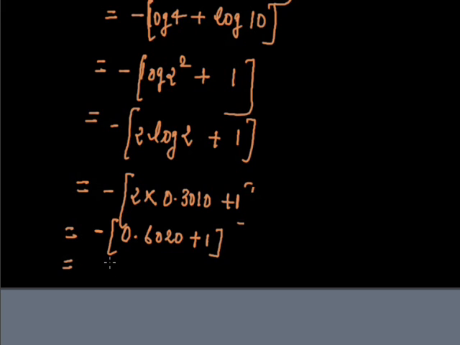So in this way we calculate the pH of H2SO4. It comes out to be 0.3.